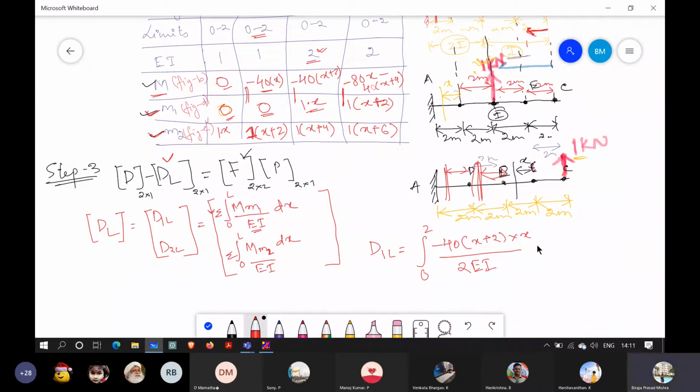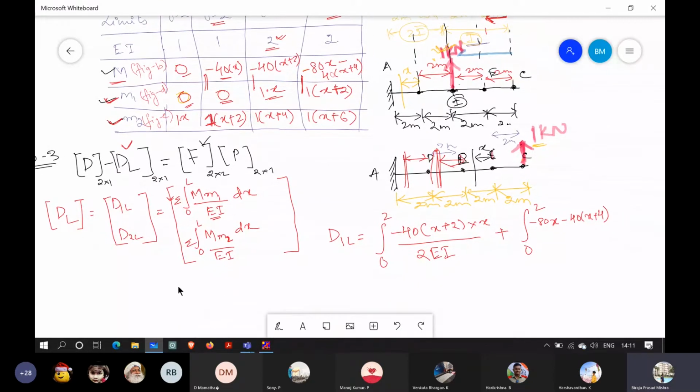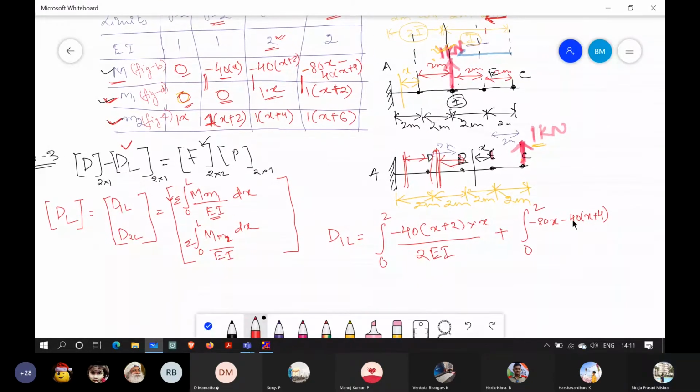Plus integration 0 to 2, because here also it is 0 to 2, of minus 80, then minus 40 into x plus 4, then this one into x plus 2 into dx.